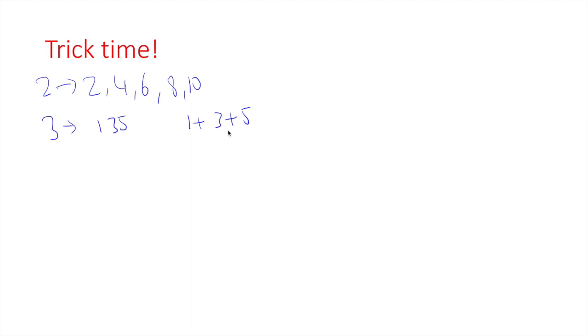If the answer you get is a multiple of 3, that means the number is a multiple of 3. So just to clarify, if the sum of the digits of a number adds up to a multiple of 3, then the number is a multiple of 3. In this case, 1 plus 3 plus 5 is 9. 9 is a multiple of 3, so 135 is a multiple of 3.